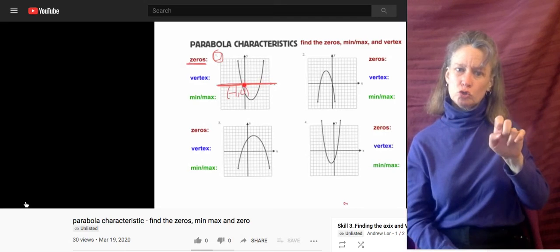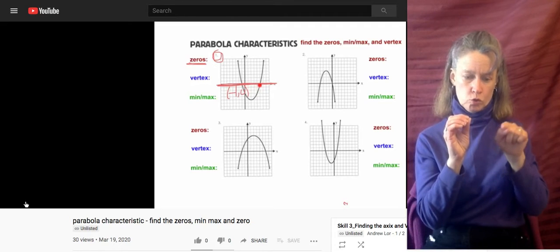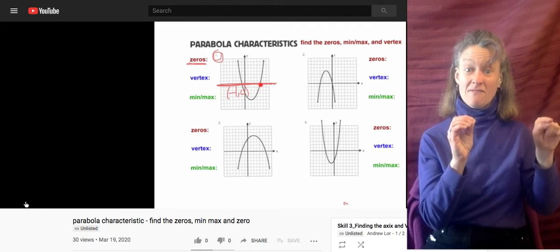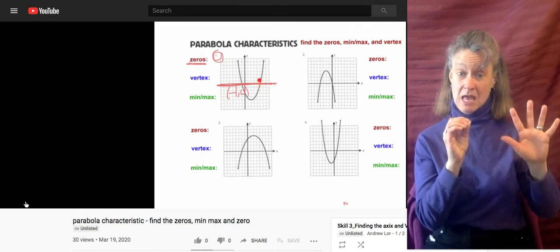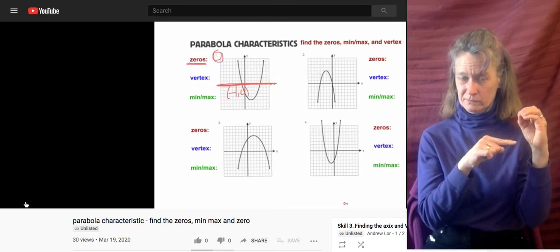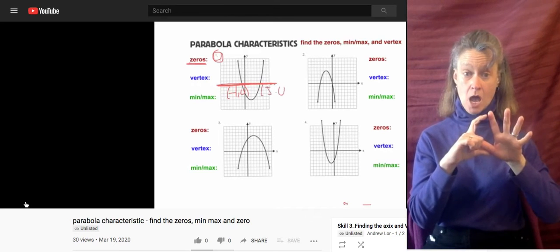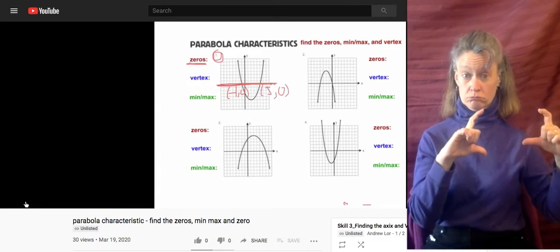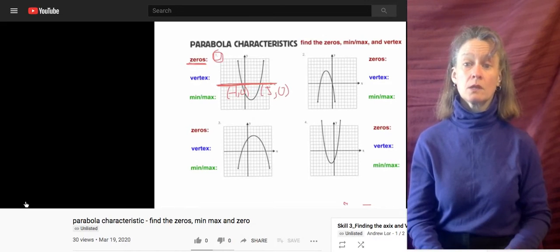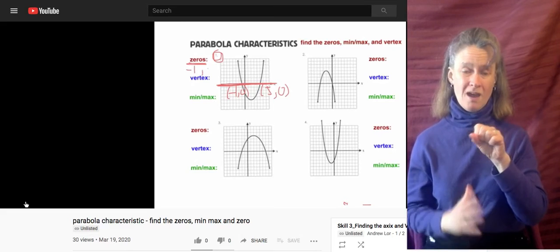You can see that we move over 1, 2, 3, 4, 5 to the right in the x direction, and 0 in the up or down direction. So our coordinate here would be 5, 0. So the zeros for this parabola are -1 and 5.